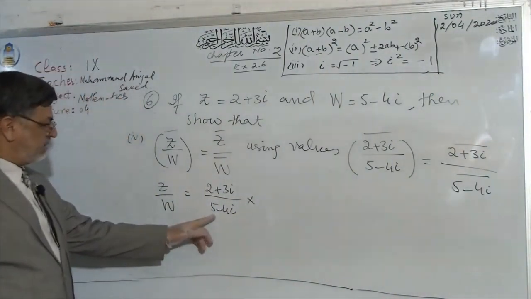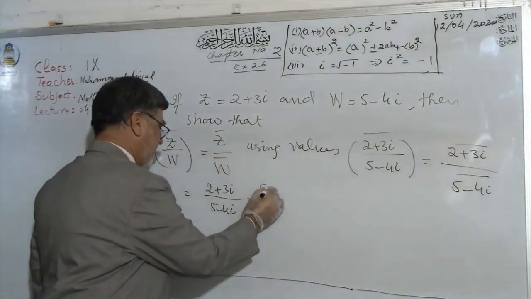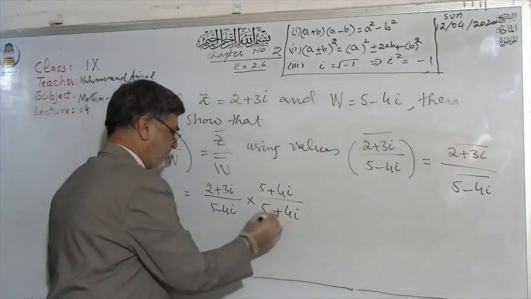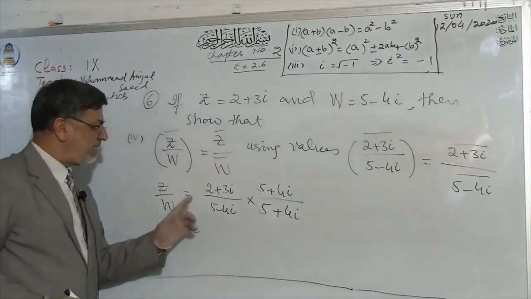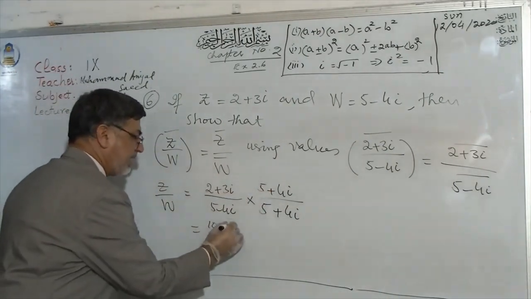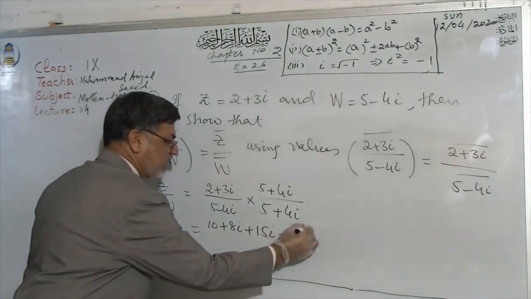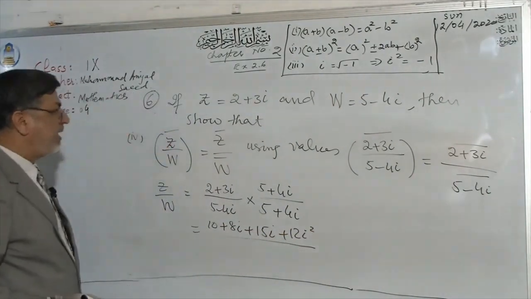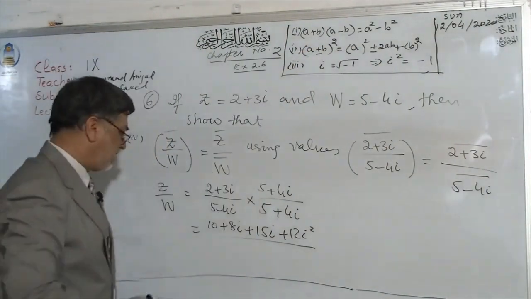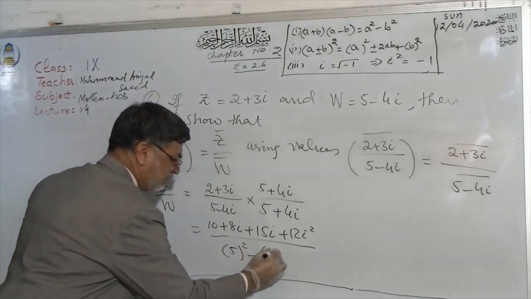Multiplying above and below by the conjugate of the denominator, 5 plus 4 iota over 5 plus 4 iota. Multiply them, take 2 and multiply them 1 by 1. This is 10 plus 8 iota plus 15 iota plus 12 iota square, divided by the formula (A minus B)(A plus B), A square minus B square, first square minus second square.